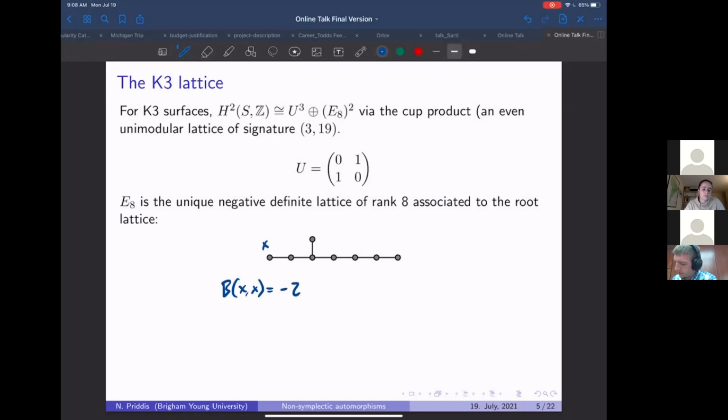And if 2 nodes are connected by an edge, for example B(X, Y), I get 1 because they're connected with an edge. If they're not connected with an edge, then I get a 0. So that's how you get a lattice out of this diagram. Again, the upshot on this slide is that the second cohomology group is always this lattice, and this is a very well-known result.